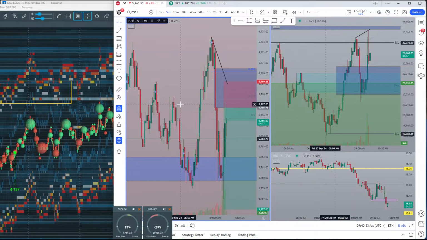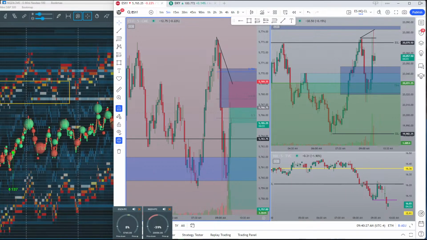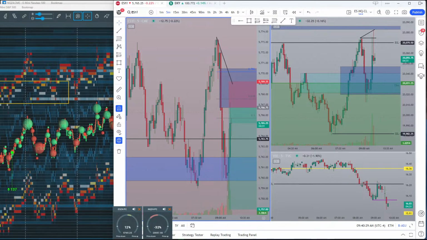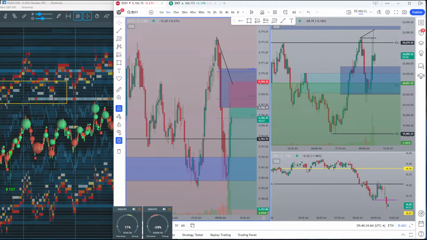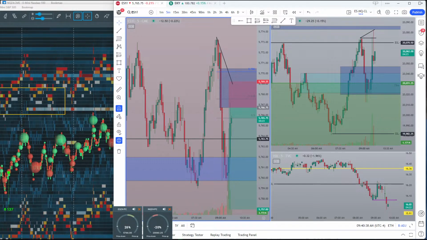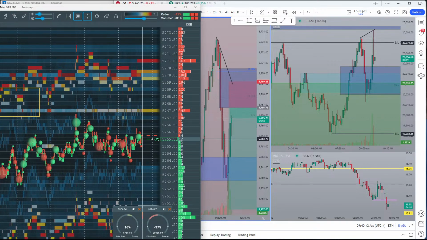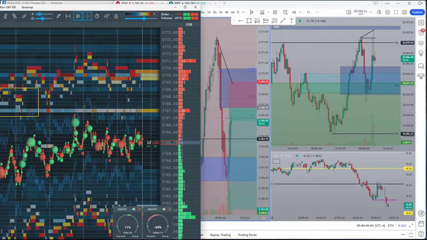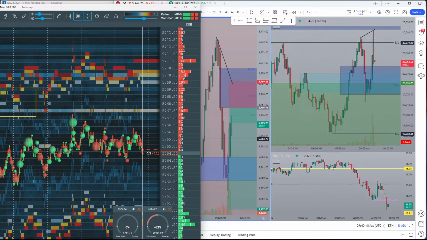I could be wrong on that. We don't have any other big events, and we haven't had a big, 30, 40 point spike today, I don't think. So that could be a trigger point. I'd say we still need to be aware of the 10 o'clock candle. And then speakers start hitting the circuit at 11 o'clock.